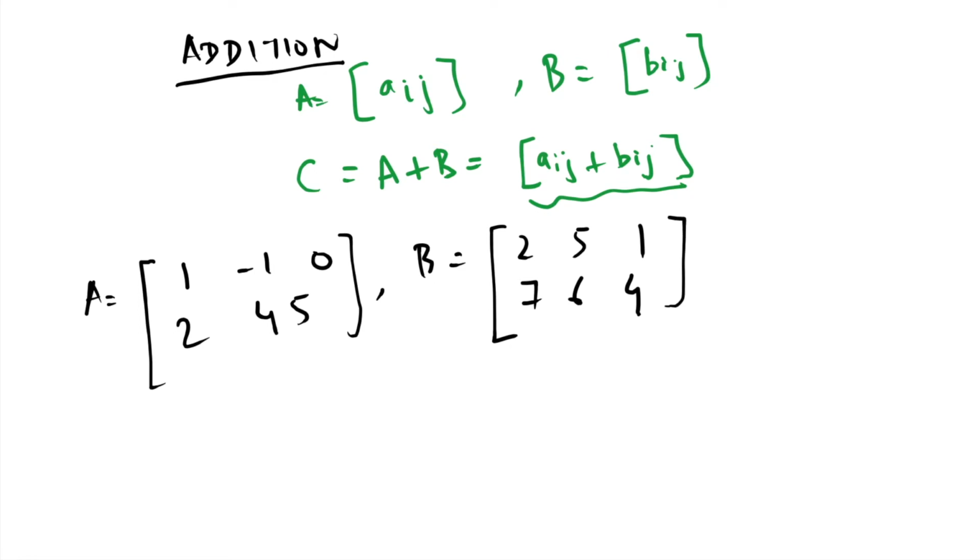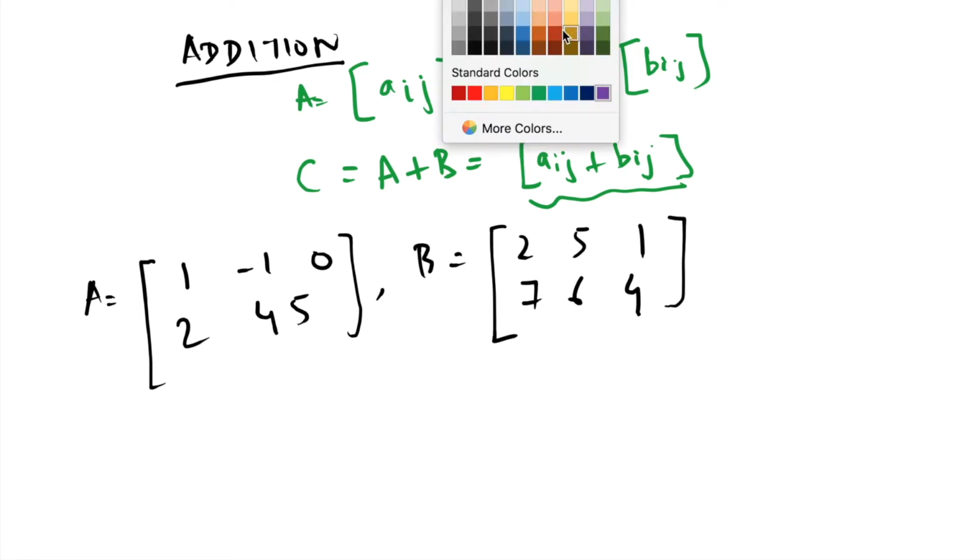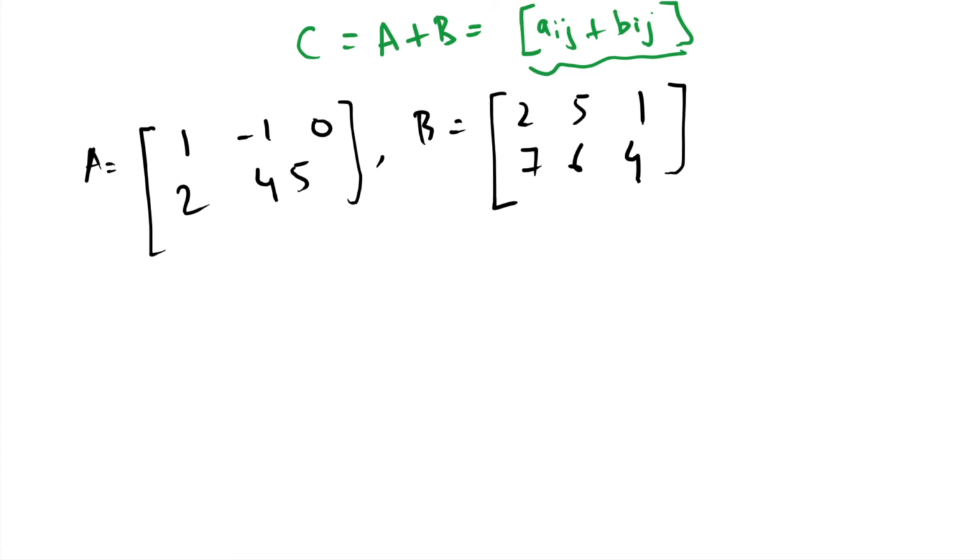Now if we define C as A plus B, C will be equal to the sum of the corresponding elements. The first element of C, at the first row and first column, will be the sum of the elements at the first row and first column of A and of B.